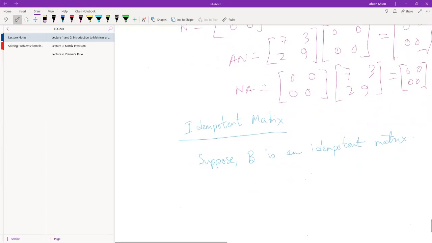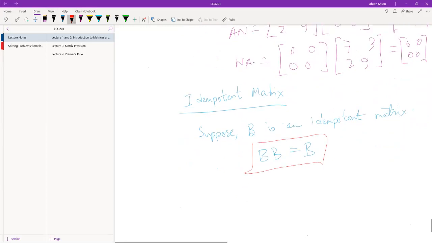What that means is that if we multiply B with B, we are going to get B. That is really what an idempotent matrix is: no matter how many times we multiply the matrix with itself, we always get the matrix.